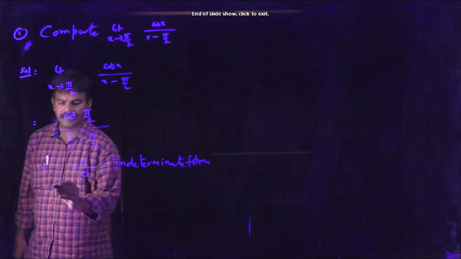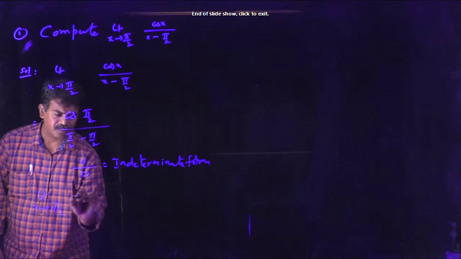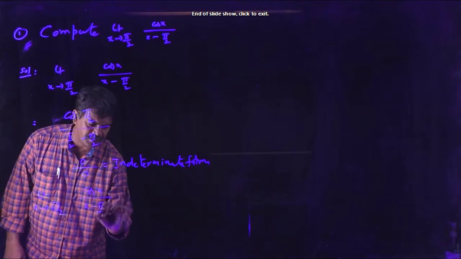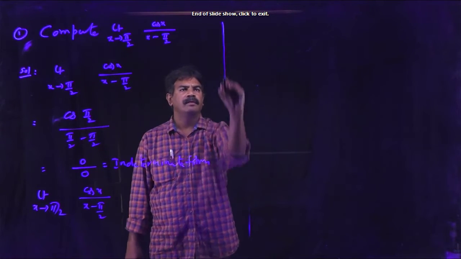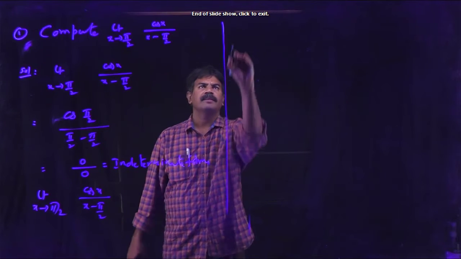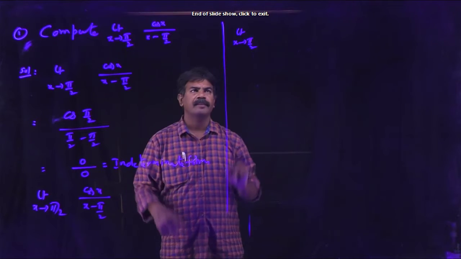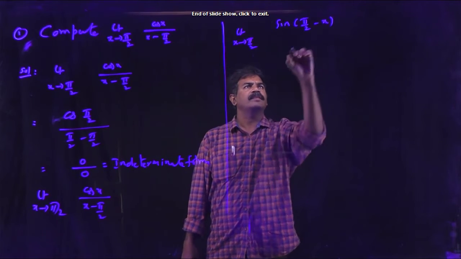So now we take limit x tends to pi by 2, cos x by x minus pi by 2. Already we know that in trigonometry cos x can be written as sin 90 minus x, that is sin of pi by 2 minus x.